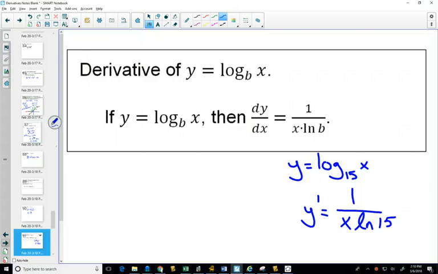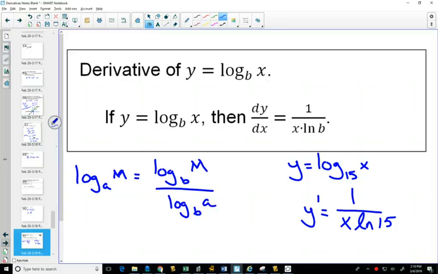The reason for that is, not sure if you remember or not, but one of the things you learned in logarithms was the change of base theorem. If I use the same letters that are up there, log a of m is equal to log b of m over log b of a.